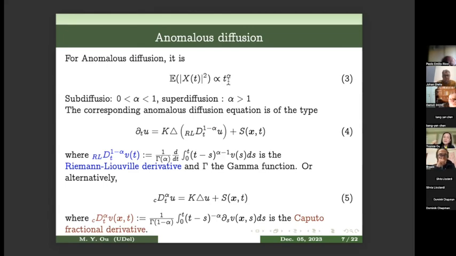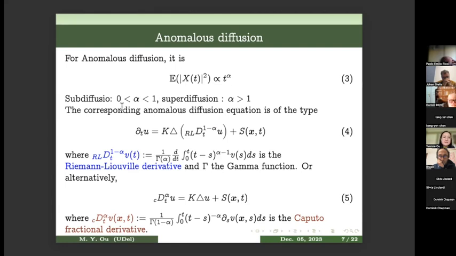If alpha is between 0 and 1, it is smaller than 1, which means the particle doesn't move as much as the usual one. That's why it's called subdiffusion. And sometimes, in a different setting, not this microstructure, alpha can be greater than 1. It's called superdiffusion because the particle travels more than the usual random motion.